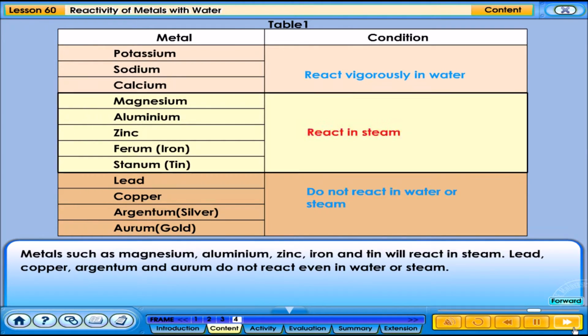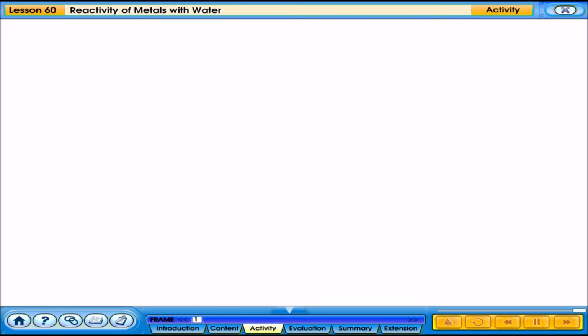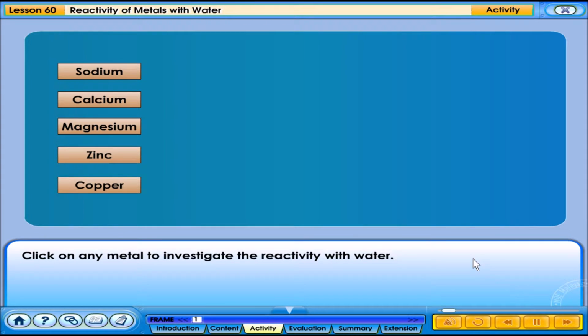Metals such as magnesium, aluminum, zinc, iron, and tin will react in steam. Lead, copper, argentums, and aurums do not react even in water or steam. Click on any metal to investigate the reactivity with water.